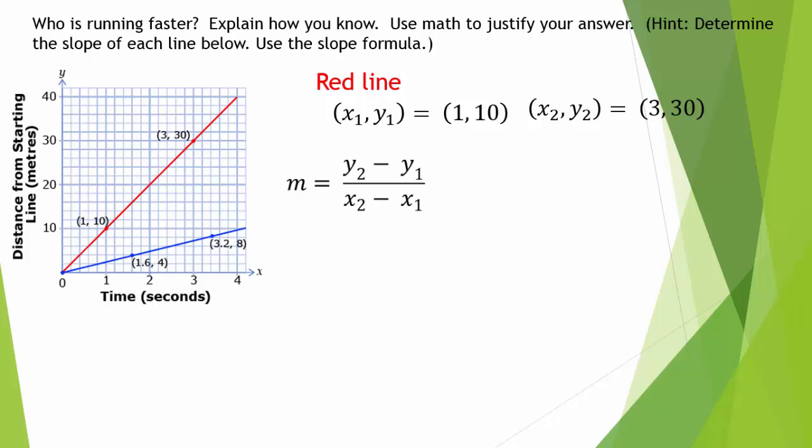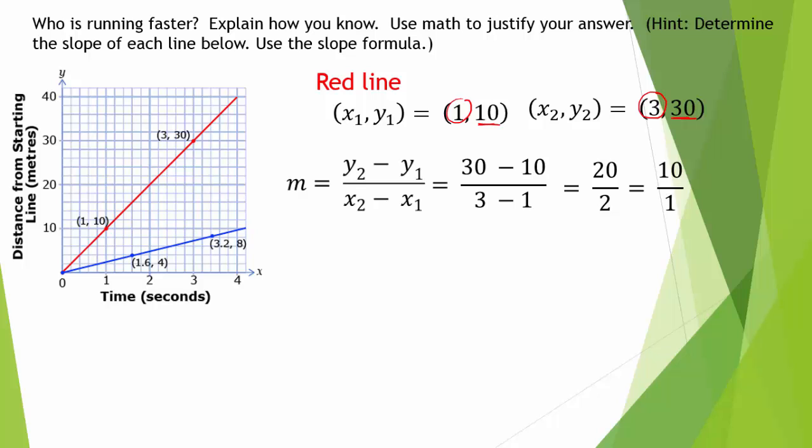So all we're going to do is substitute our values in. y2 was 30, so we substitute that in, minus y1 was 10, and then x2 was 3, minus x1 was 1. So we did 30 minus 10 over 3 minus 1. 30 minus 10 is 20, 3 minus 1 is 2, 20 over 2 is 10 over 1, and now we have to interpret what that means.